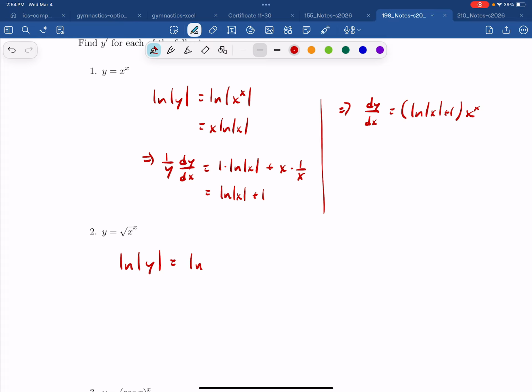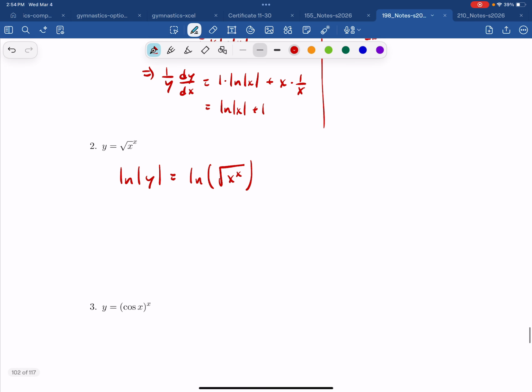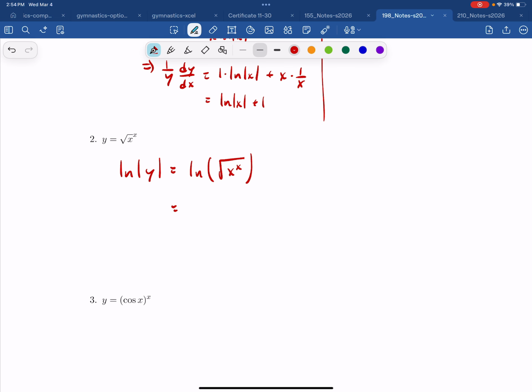This would be ln of the square root of x to the x. Again, it doesn't matter. You could put it on the outside, you'll get the same thing, because it is the same thing. And then this is the same as 1/2 ln of x to the x, right? Because the square root is just an exponent. But wait a minute, the x is just an exponent. So you actually get this.